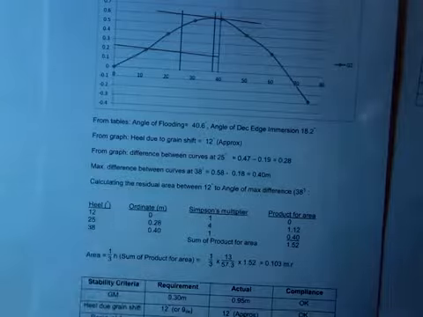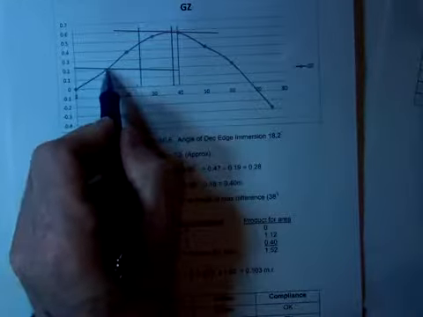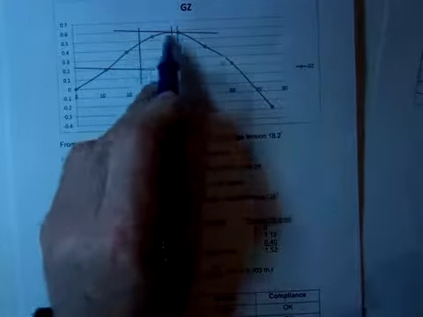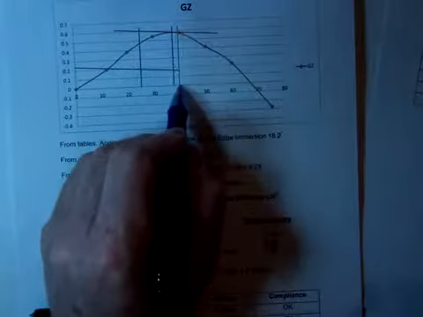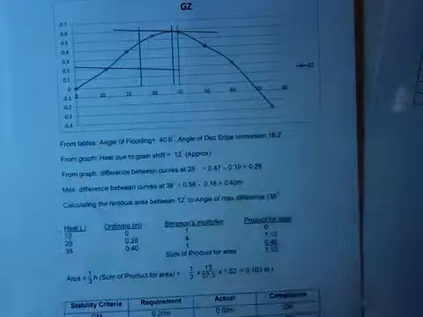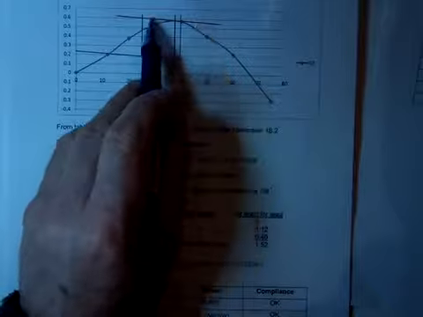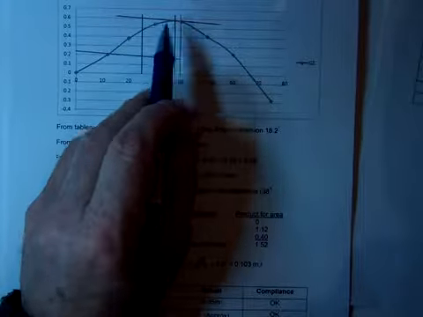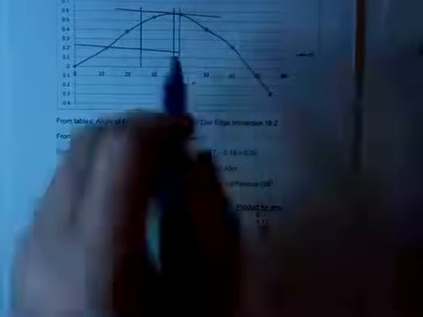Then it's the residual area we need to look at. Now the residual area is this area from all that there. We determine this value here. This is either 40 degrees, the angle of flooding, or if we draw a tangent to this curve and go across the highest point, we can see that the highest point is actually going to occur on this particular graph at 38 degrees.